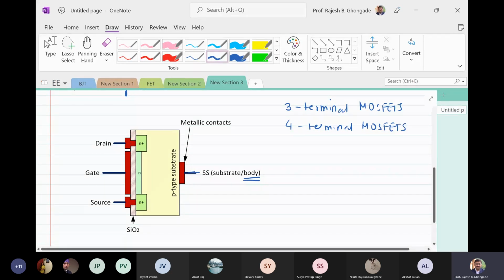You have the usual convention, drain, gate, source, and then you have an additional connection called as substrate or body. Many times, as I said, the substrate or the body and the source, they are internally connected. So externally, you get only 3 terminals for the device. So it becomes a 3-terminal MOSFET.